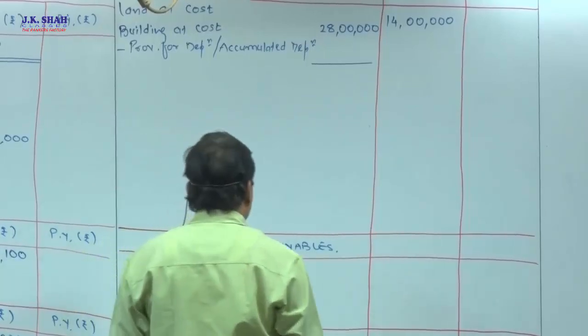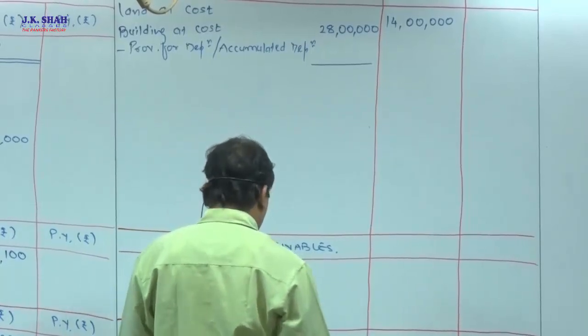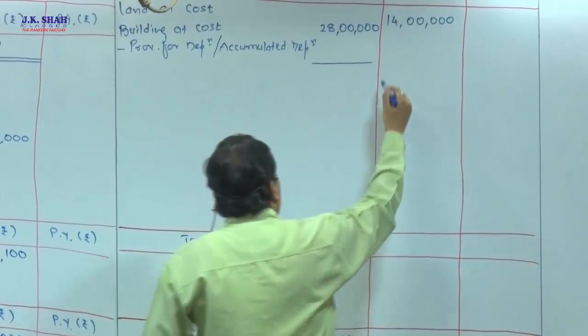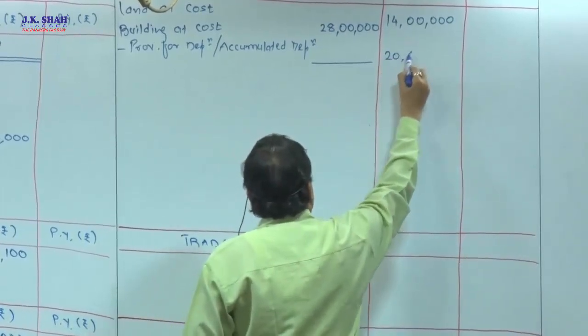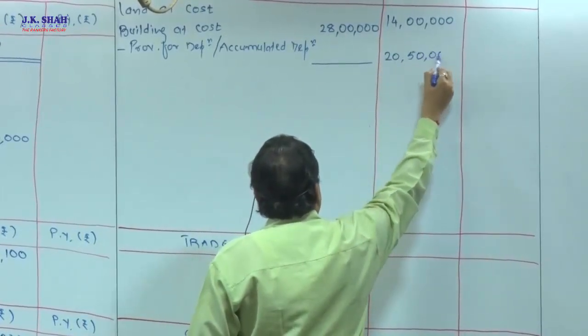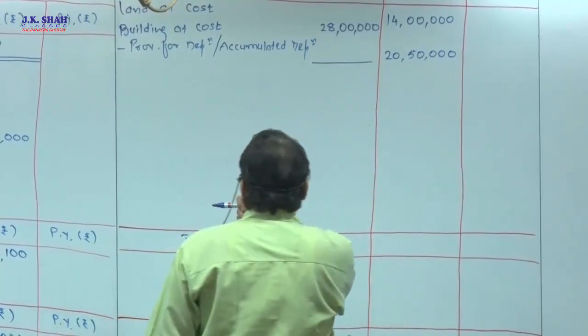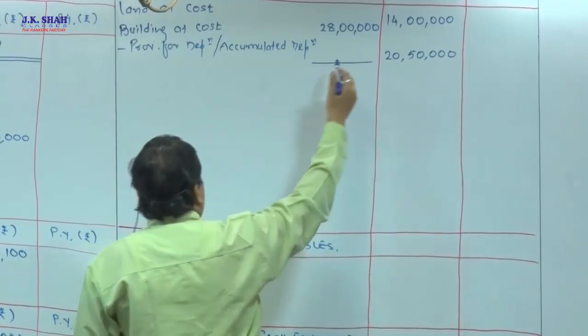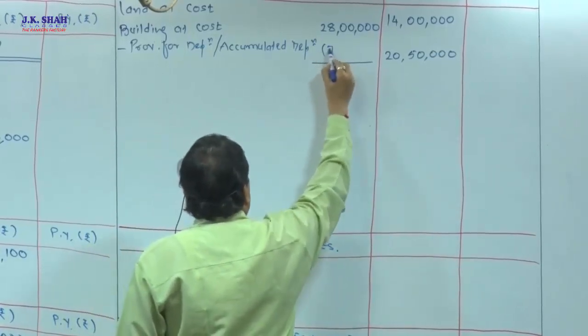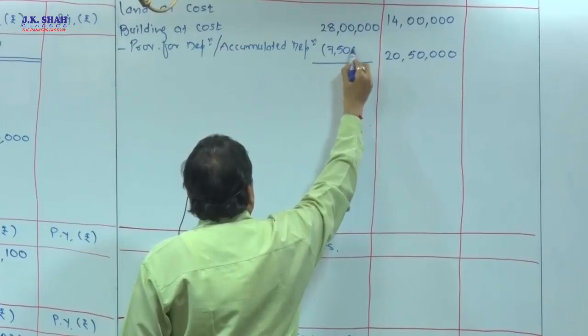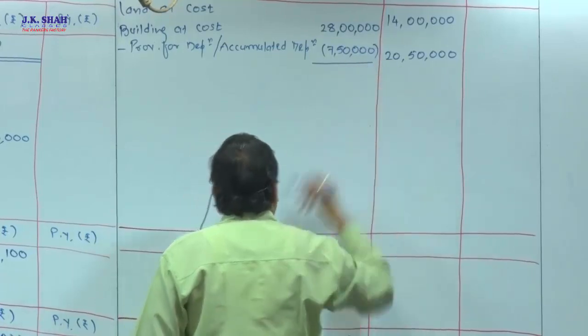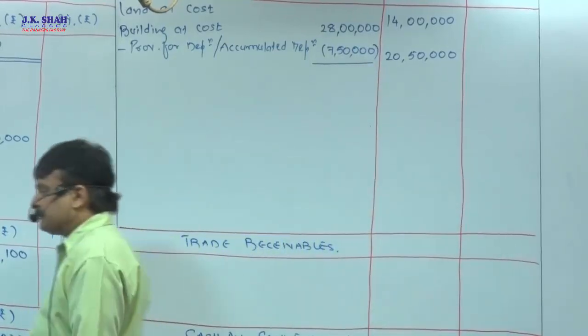Look into the trial balance. What is your WDV, the book value of the building? 20 lakhs 50,000 is your book value. So your difference will be PFD, 7,50,000.